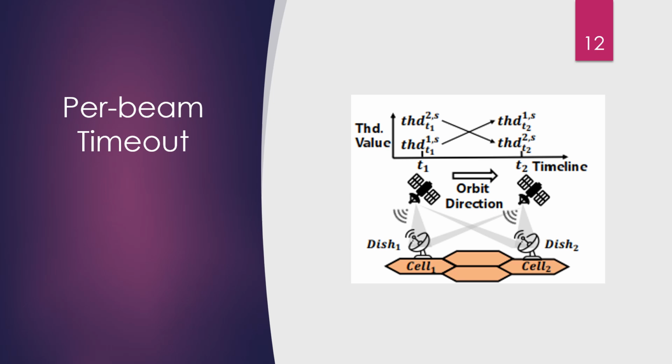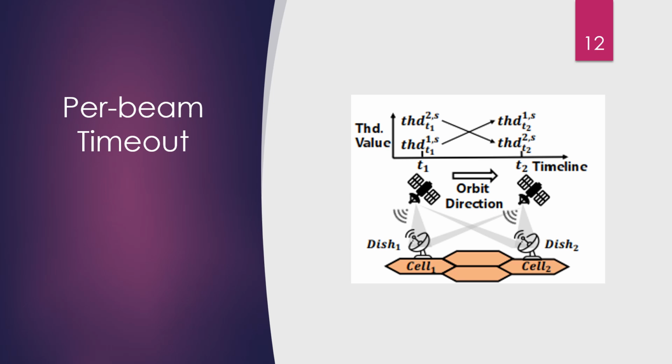To fix this, SatGuard's per beam timeout dynamically adjusts the timeout value for each beam. As shown in the diagram, each beam has its own adaptive threshold, preventing delayed packets from being misidentified as lost. This improves network efficiency by reducing false packet loss and avoiding excessive retransmission.